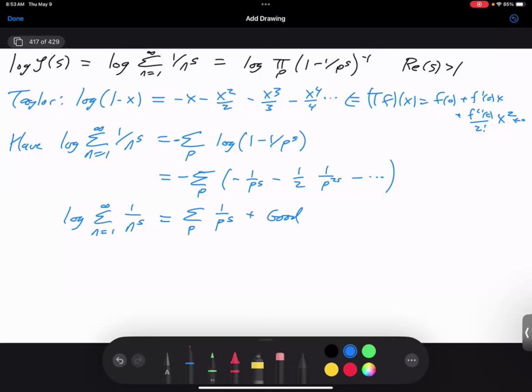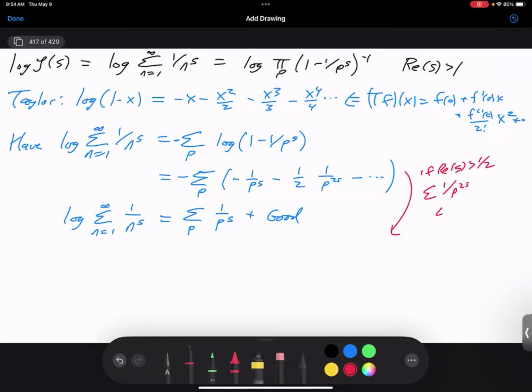I'm going to resist the fact that I want to do analysis. What goes on over here? I'm going to have p to the 2s. So if the real part of s is greater than 1/2, then the sum of 1 over p to the 2s, what can you tell me about the exponent?